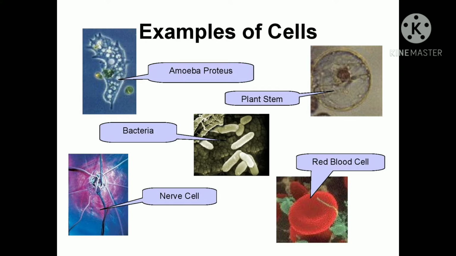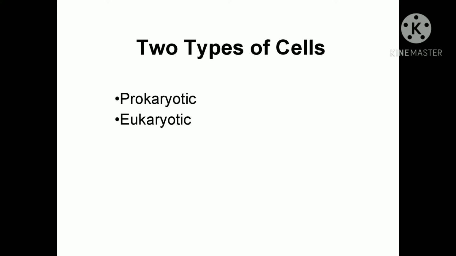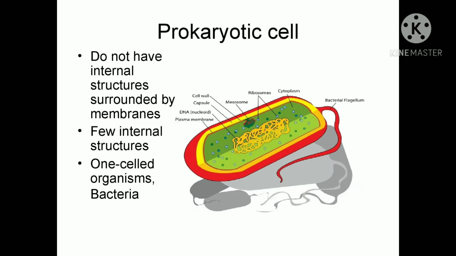Now we are moving on to the types of cells. Generally, there are two types of cells, as discussed: prokaryotic and eukaryotic. Now we are going to look at the prokaryotic cells. These prokaryotic cells do not have internal structures surrounded by membranes. Few internal structures are there, and they are only single-celled organisms. An example is bacteria.